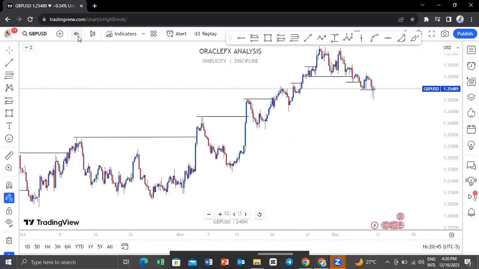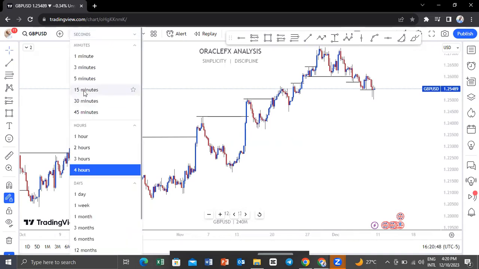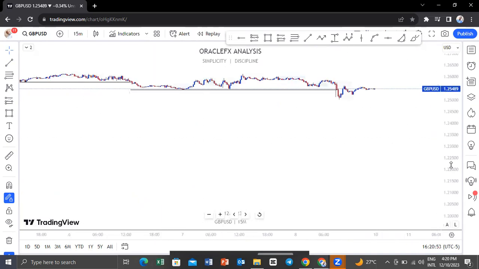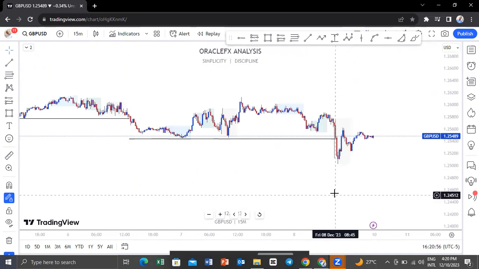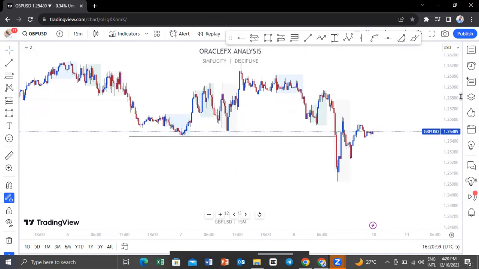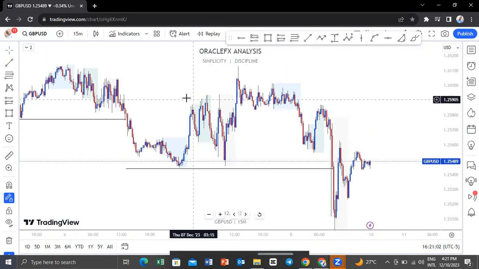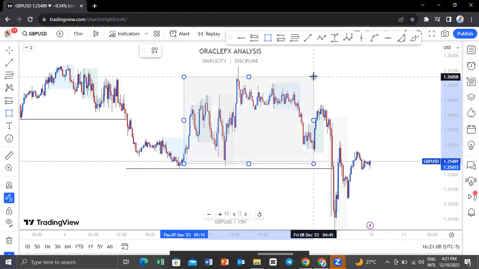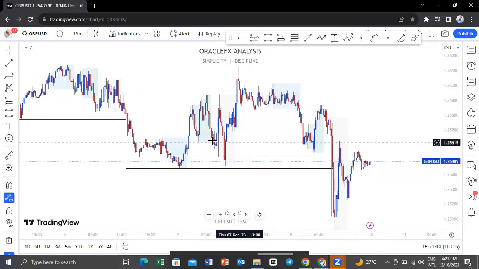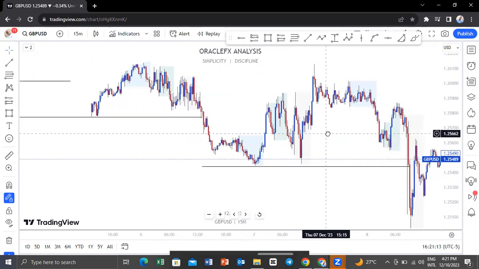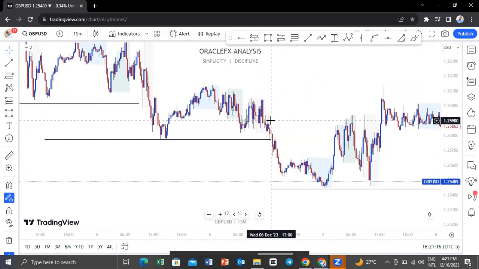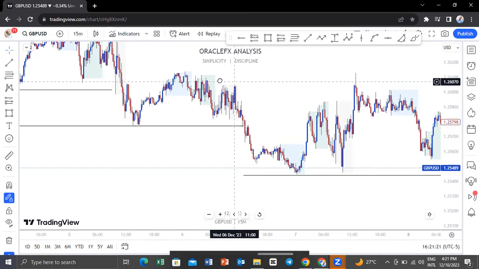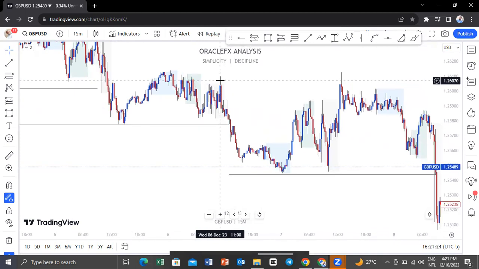So if you go to your smaller time frame, like your 30 minutes, 15 minutes, and you look at your internal structure, all through here, this phase here is our internal structure. So there are things to note. Inside your internal structure, we also have setups that we can trade to anticipate the next expansion leg.